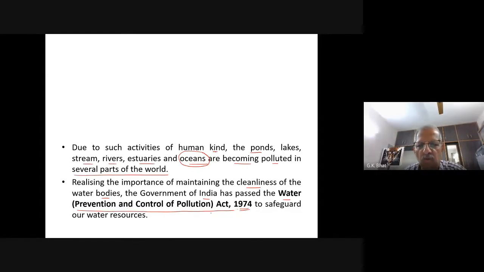The Water Prevention and Control of Pollution Act was introduced to safeguard our water resources. Now, who will tell me quickly about the 1981, 1986, 1987, 1990, 1974 acts? Who will tell me quickly the different acts passed in these different years?